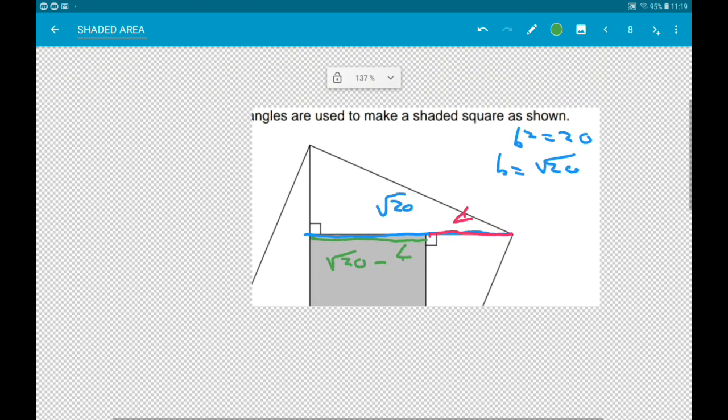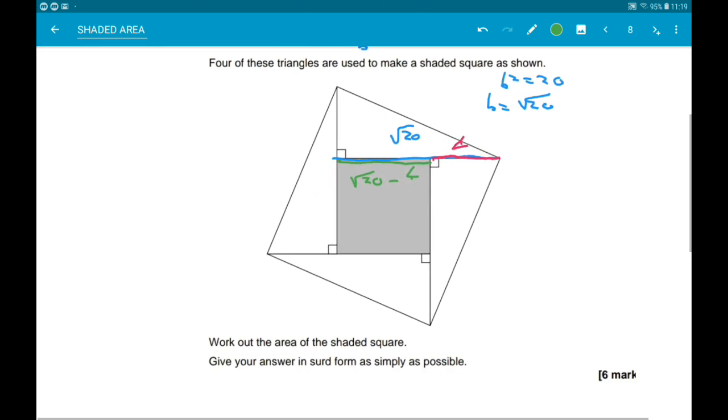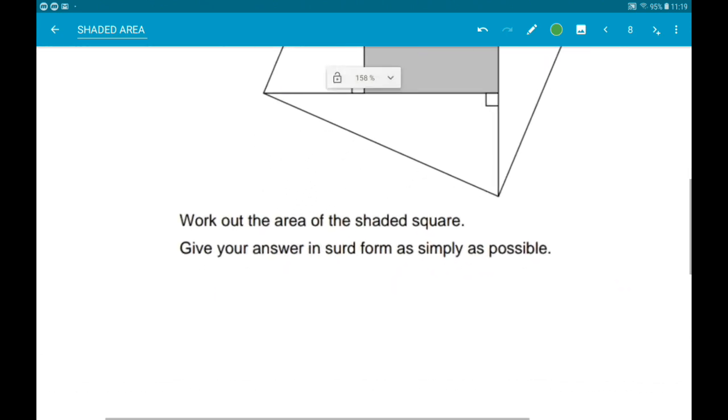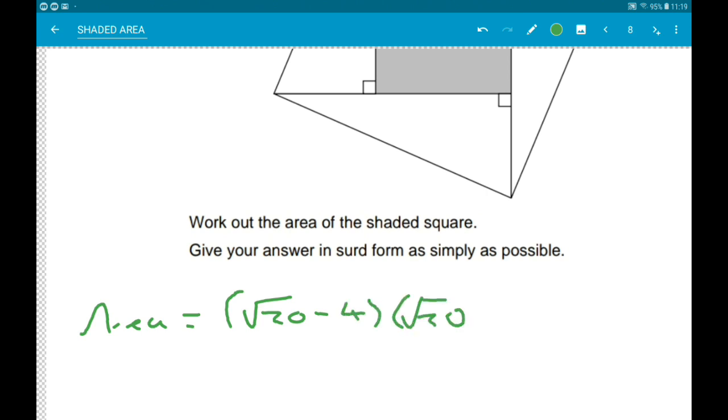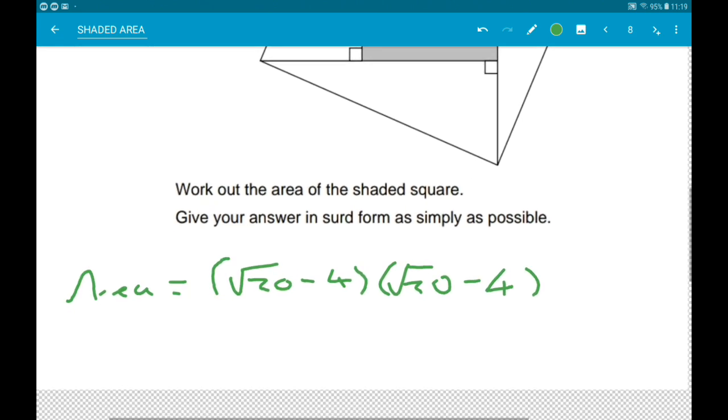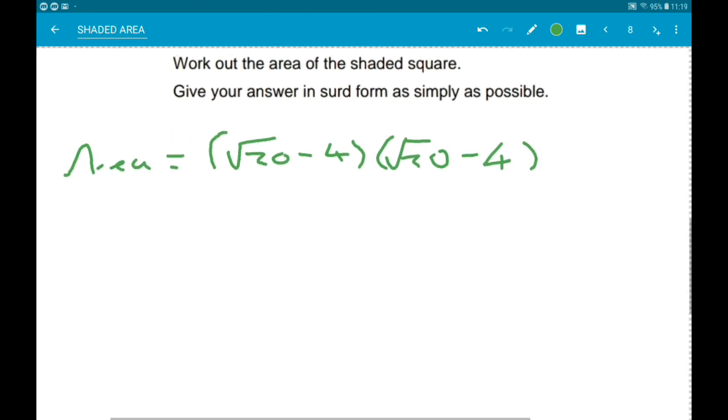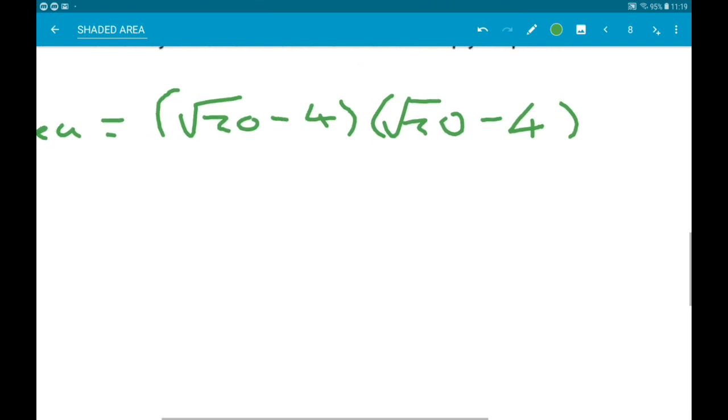So, now that we know that, the area of the square is root 20 minus 4 times root 20 minus 4. So now it's just a game of surd expansion. So we don't need the diagram anymore. Now to do surd expansions, I would highly recommend using a table.